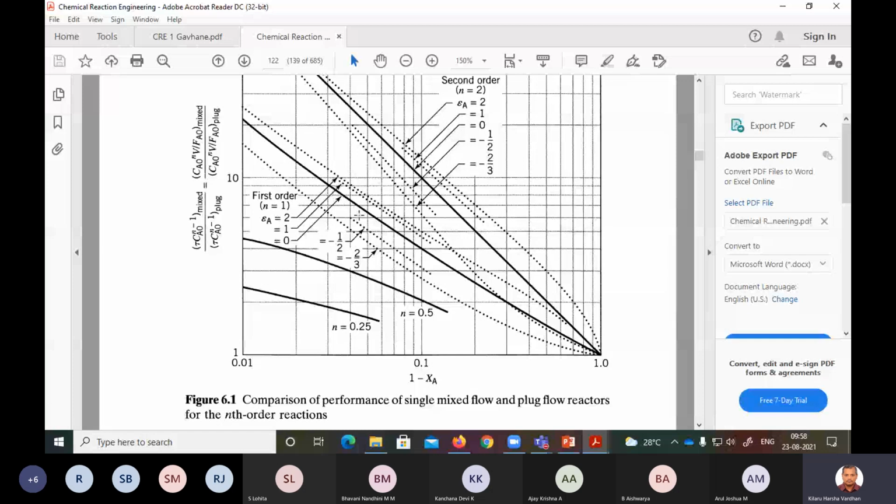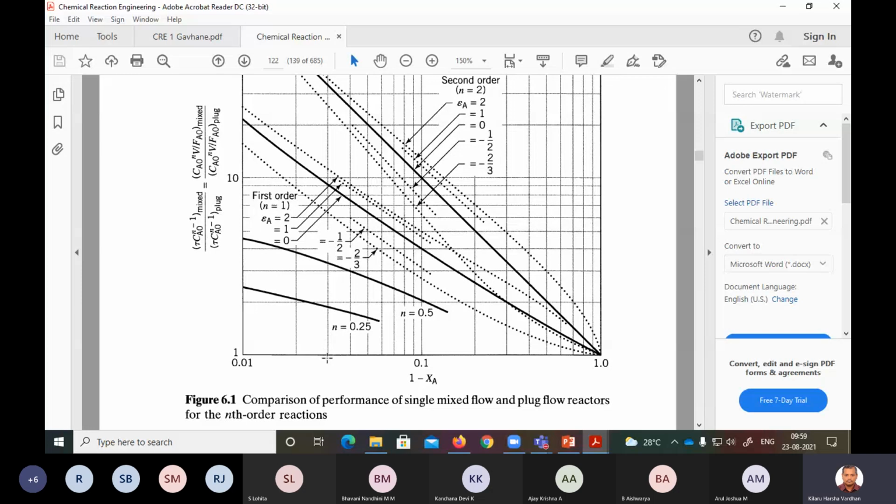So you can see clearly, as the order is increased, what is happening? Your curve is shifting towards this. It means for the same particular tau value, let it be tau is 10, for a mixed reactor with a first order reaction, you can just project it down.